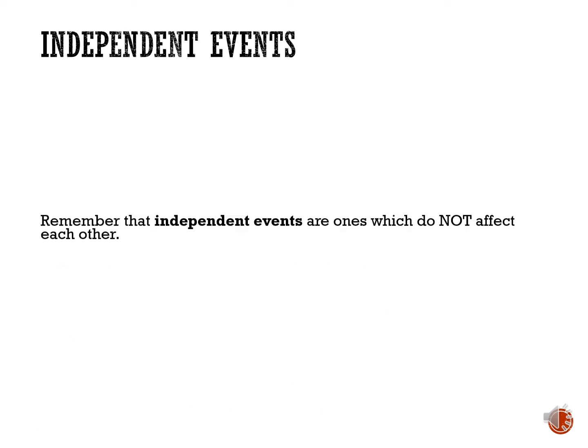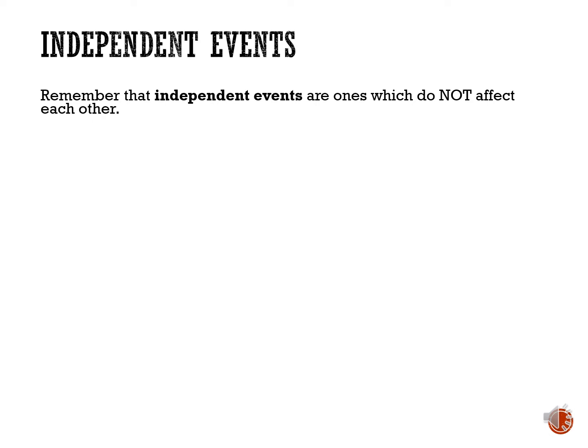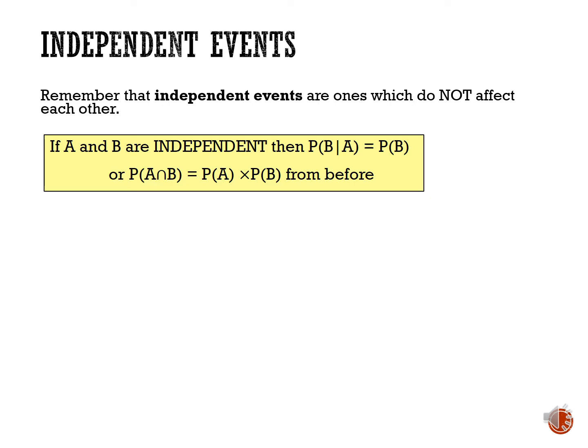So let's have a look at independent events. We would have mentioned those before. If you remember, independent events are ones that do not affect each other. So the result of those events doesn't depend on what's happened before or what's happened after. So if A and B are independent, we've come across this before when we were looking at tree diagrams.